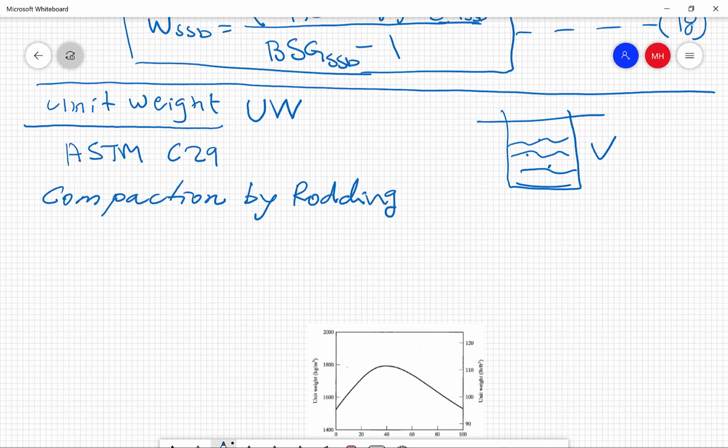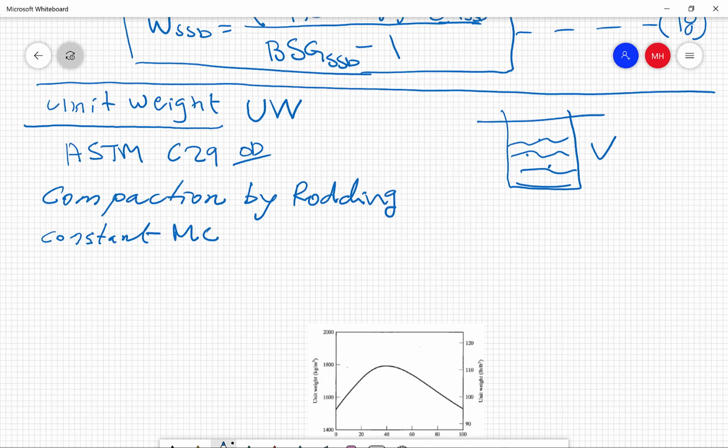But for the coarse aggregate, since the weight of the aggregate is dependent on the moisture content of the aggregate, a constant moisture content is required. So oven dry aggregate is used in ASTM C29. So the unit weight of the coarse aggregate is required for the volume method of mix proportion.